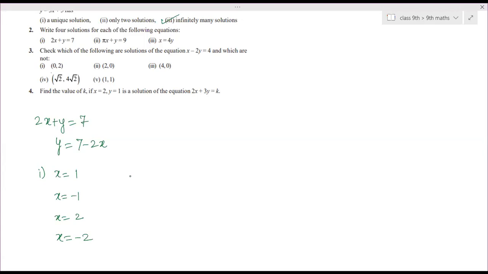Ma'am, should we take y is equal to 1? No, the x value is 1, substitute and get the value of y. Oh, okay.